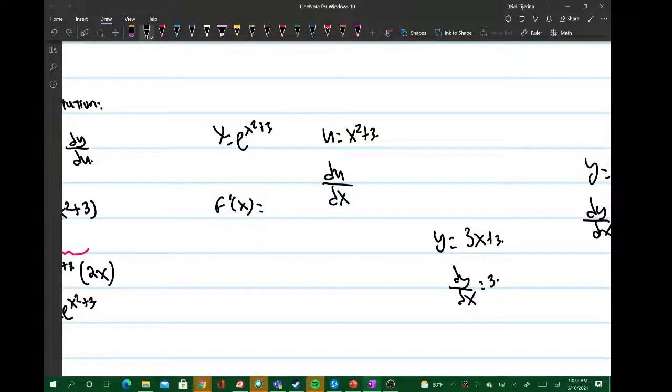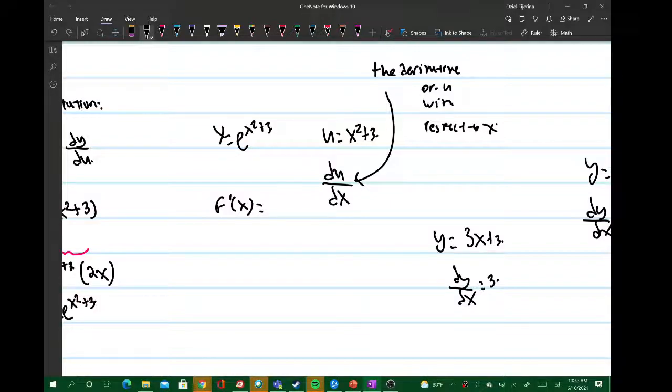Now this is in terms of u. So the derivative of u, the way that we read this, is the derivative of u with respect to x. With respect to x means with respect to the x-axis.